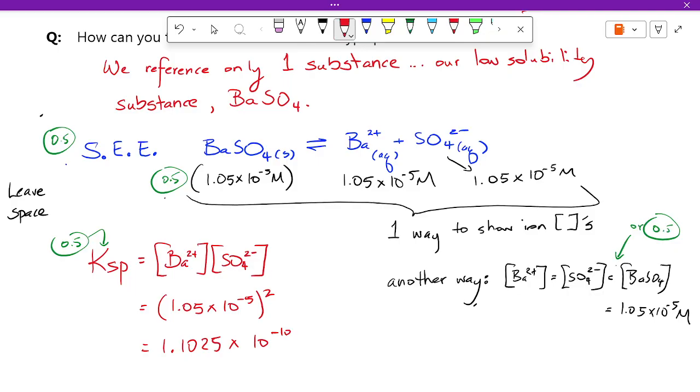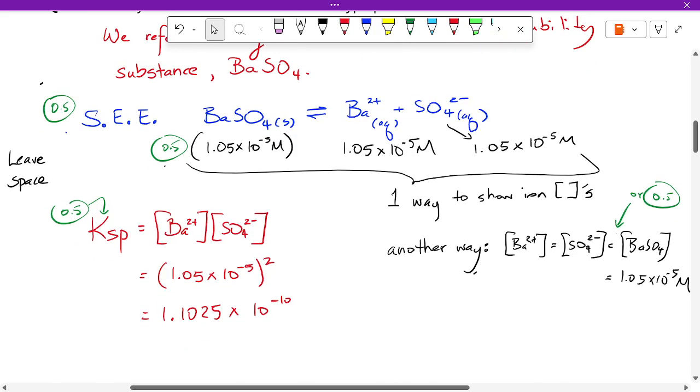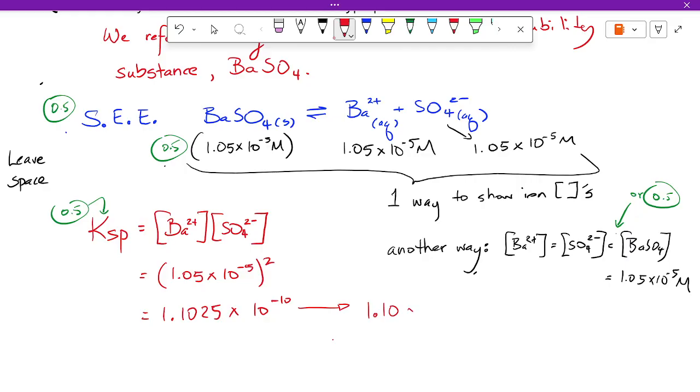How many sig figs should we have in our answer? We should have 3 sig figs: 1.10 times 10 to the negative 10. And we are done. Is that good? Yes.